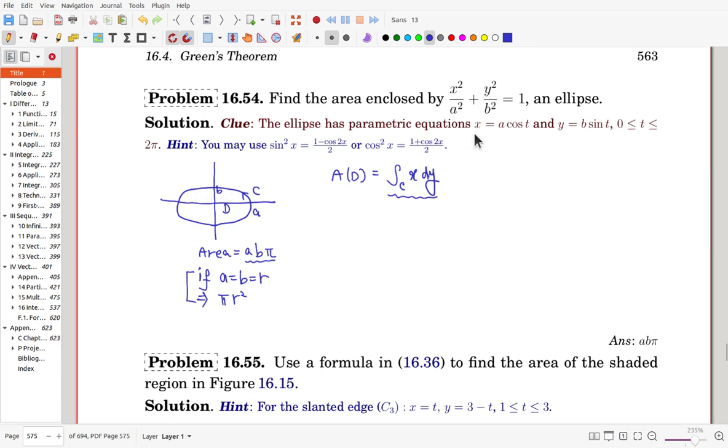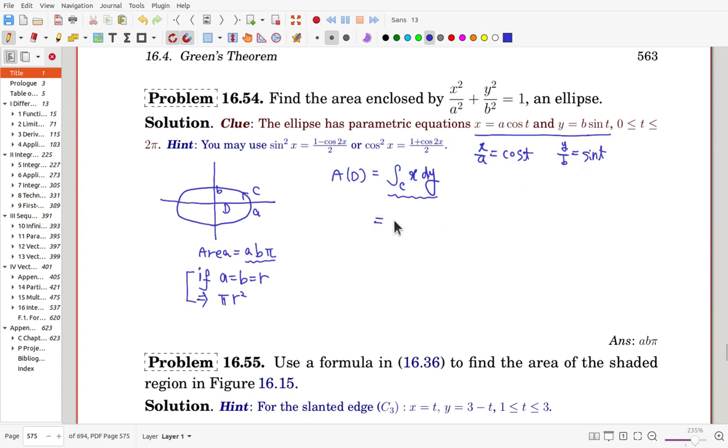We have a good parameterization: x is a cosine t, y is b sine t. Then x over a is cosine t, and y over b is sine t, and this squared plus that squared must be 1. That's exactly this equation. Of course, t must be from 0 to 2 pi. So we have this parameterization.